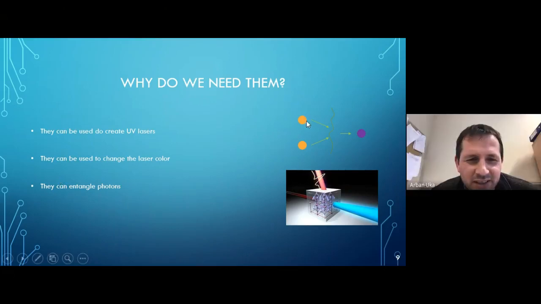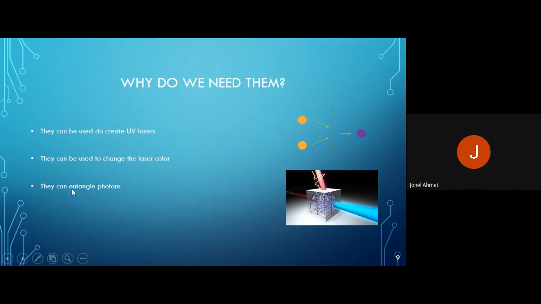Why do you claim that they entangle photons? We claim that they entangle them because these crystals actually absorb them, and through vacuum energy fluctuations, they create one or two other photons of different wavelength and energy.